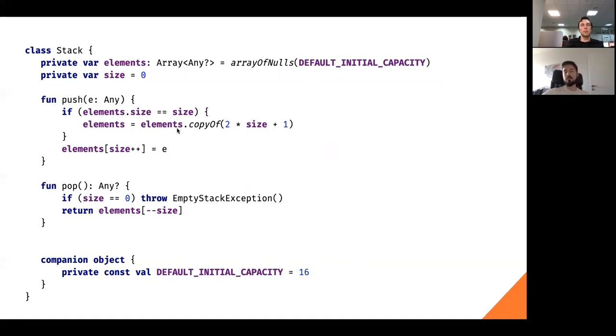When there is not enough space, we are just making the array bigger. When we are popping an element, we are just getting this element from the array and decreasing the size number. So what is wrong in here?